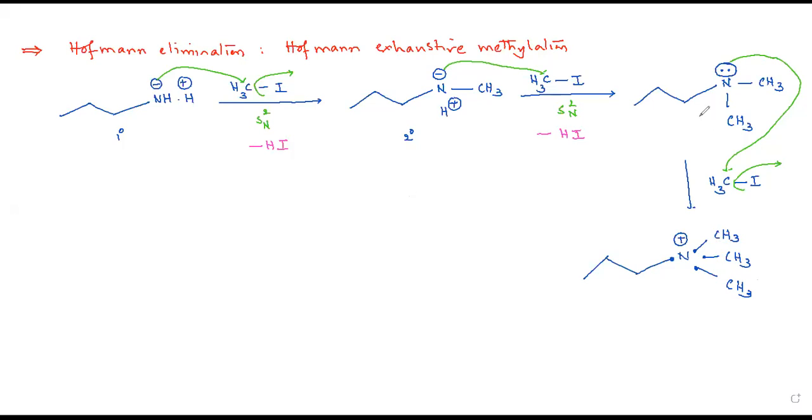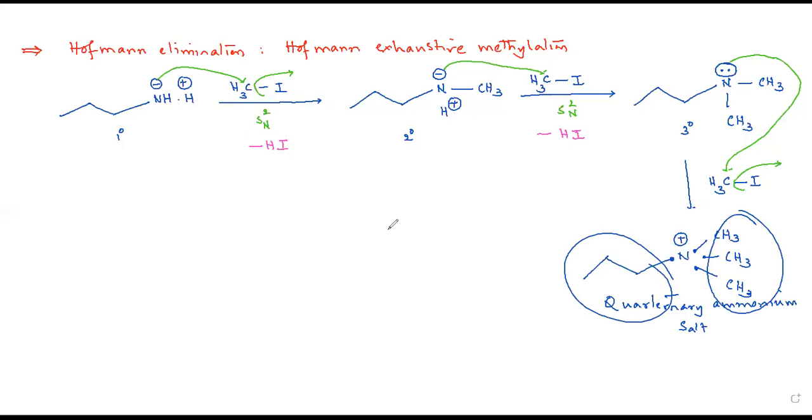So this is now a quaternary ammonium salt. It's just like your ammonium chloride, NH4 plus. Three hydrogens are replaced by these methyl groups and a hydrogen is replaced by this group. I have not taken the negative part, I minus, but still it is the ammonium salt.